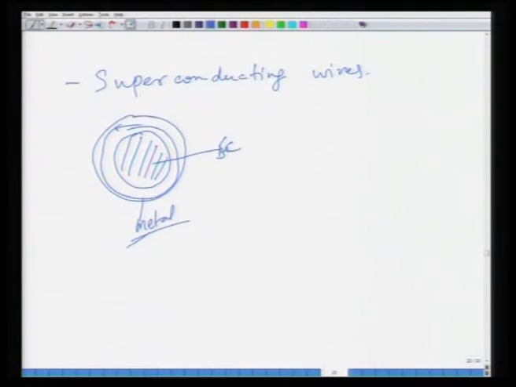So this is basically a primer on superconducting materials with some emphasis on superconducting ceramics. I have given you the references. You can go through these books and journals and reviews. If you are interested, you can go and read them. Plenty of literature is available on superconducting materials, so I think you shouldn't have any problem in getting more up-to-date knowledge in this area.